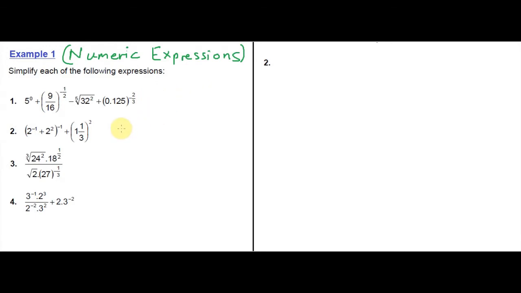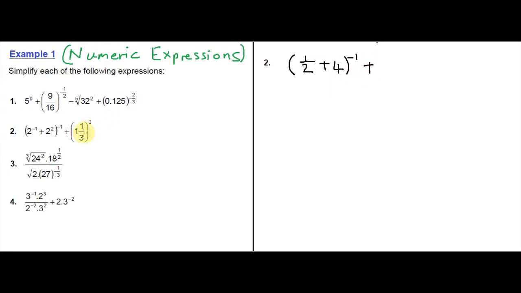Let's look at number 2. What's important to note here is that we can't apply the -1 across the plus inside the brackets. We have to first simplify inside the brackets. So then, using the rules of exponents, we know that 2 to the -1 is a half. And of course, 2 squared is 4. And that's to the -1.